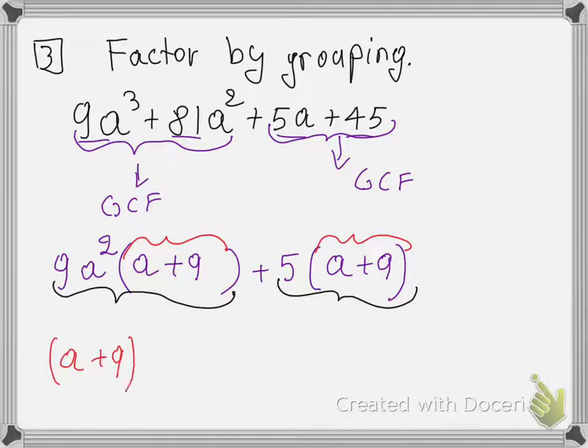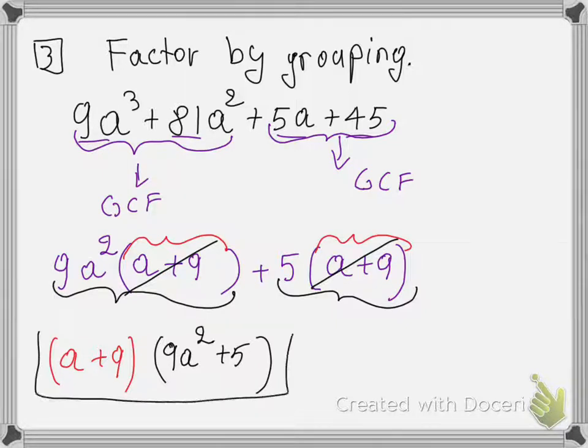We're factoring out a plus 9, then we'll see what we're left with. Once we take the a plus 9 out, we're left with 9a squared plus 5. So that's the answer.